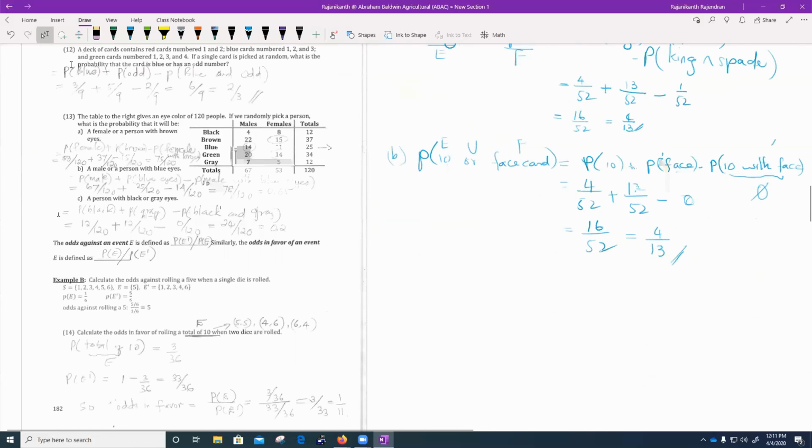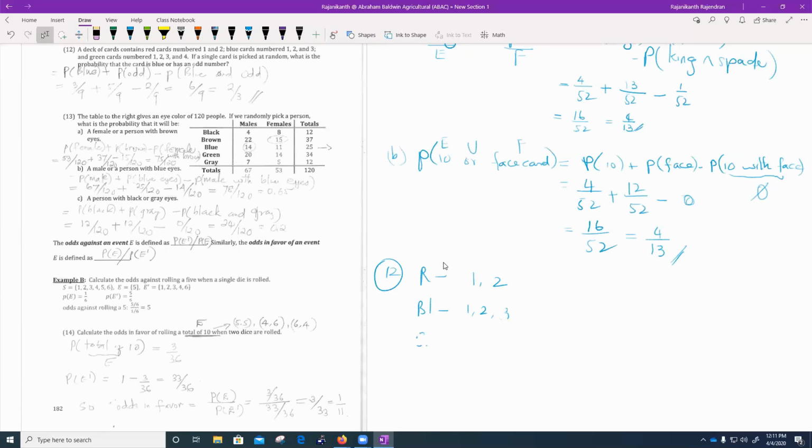Okay, so now let's look at number 12. A deck of cards contains red cards numbered 1, 2. So red cards, there are 2 of them, number 1 and 2. And the blue cards, which have 3 numbers, numbered 1, 2, and 3.